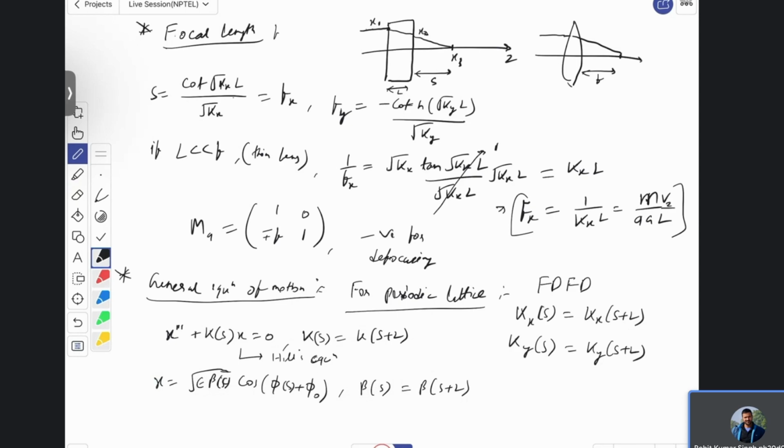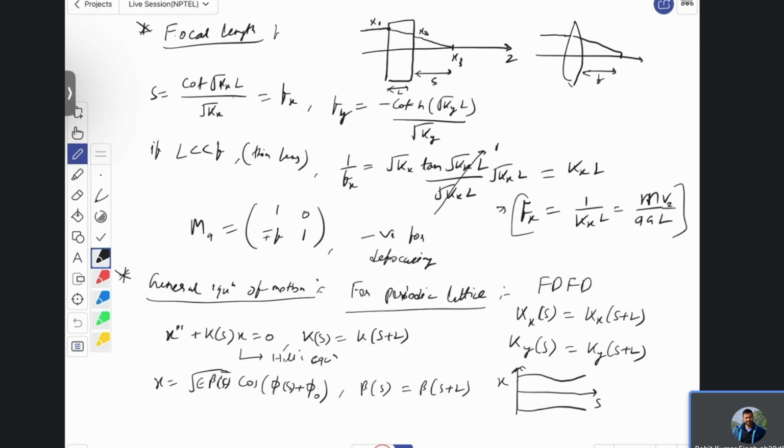We can visualize this with this figure. Suppose this is the S direction, and this is the X axis. The beam travels like this, so there is an envelope like this, and inside it we have the oscillatory motion like this.